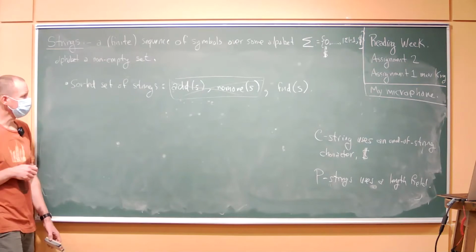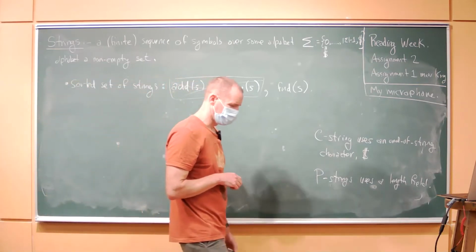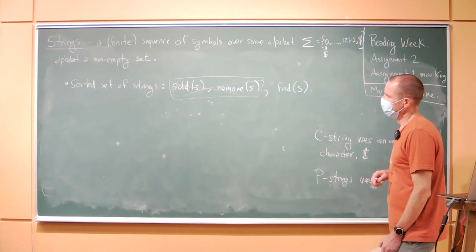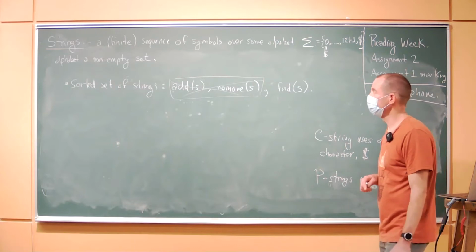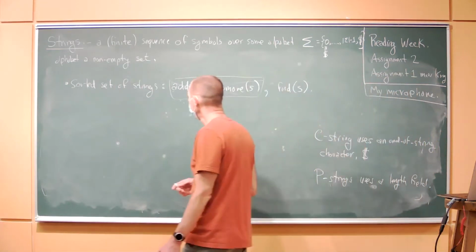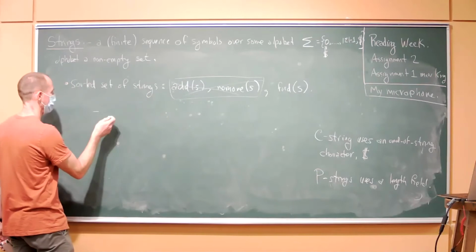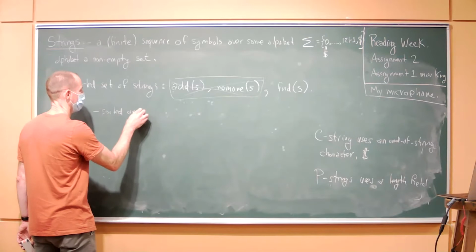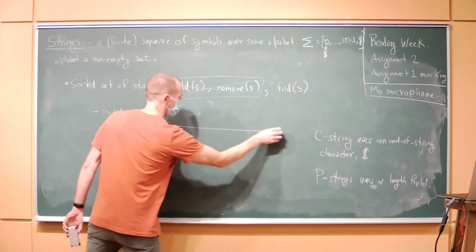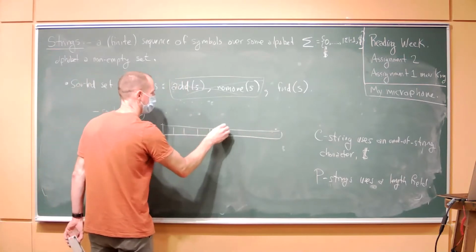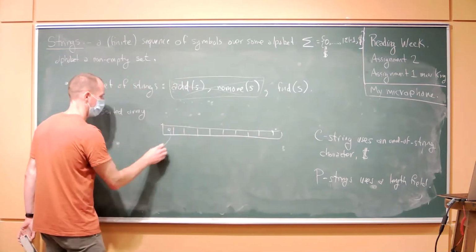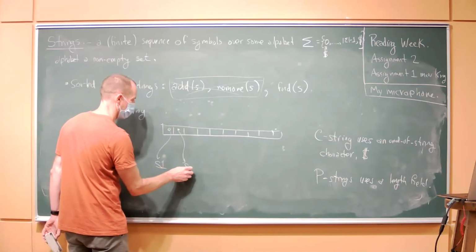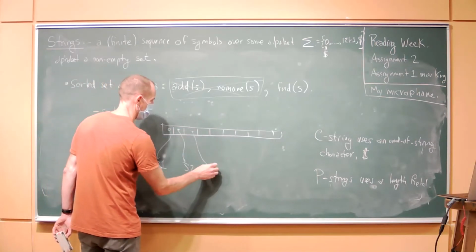Well, we can go back to the first data structures that we've learned. If you go way back, if you don't care about adding and removing things, you could have a sorted array. So this one points to some string, this one points to some string, this one points to some string.